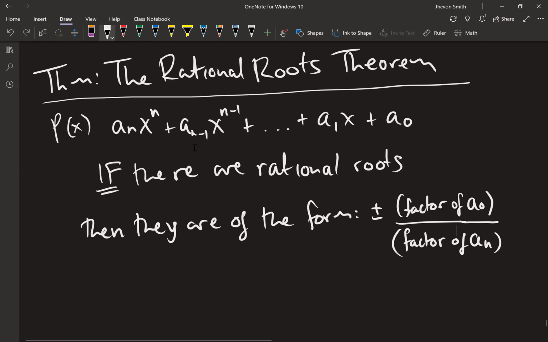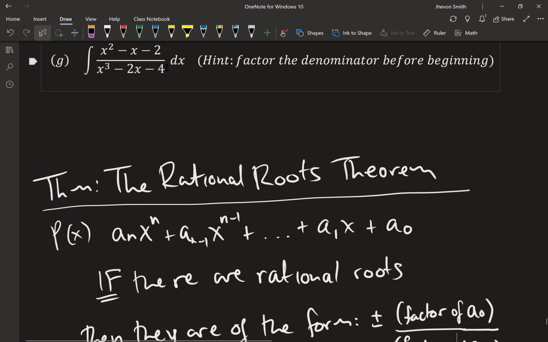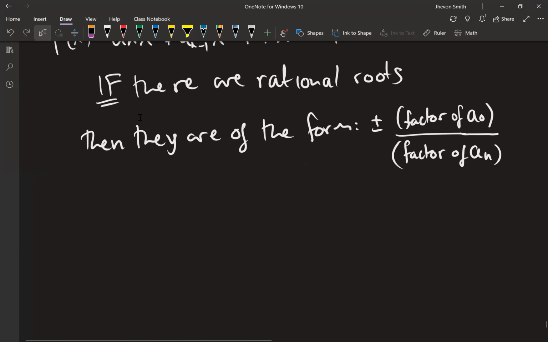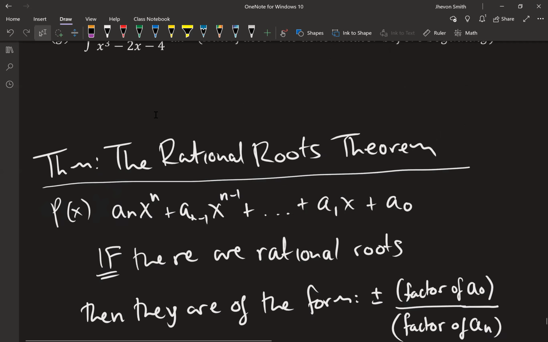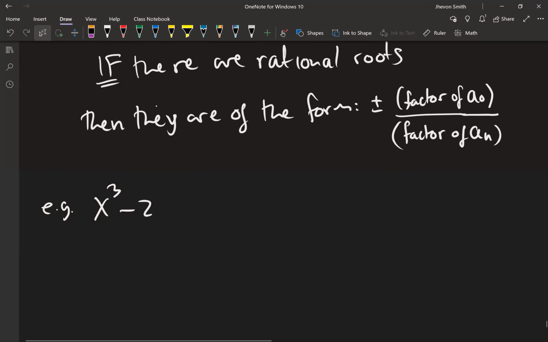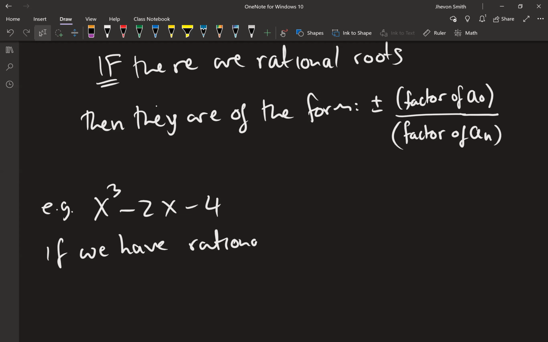So this basically tells you what are the possible roots of this guy. And by figuring out the roots, we can actually figure out how to factor something. So for example, for x cubed minus 2x minus 4, if we have rational roots, they look like plus or minus 1 over 1, so that's a factor of 4.